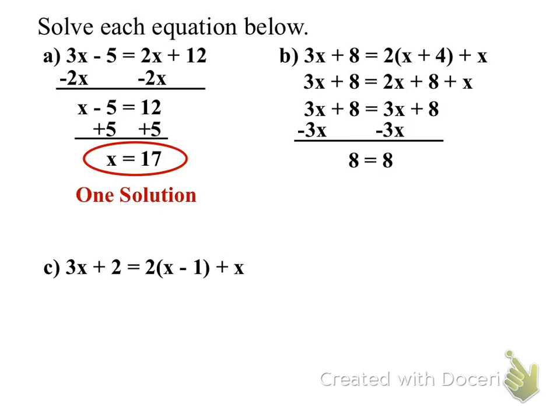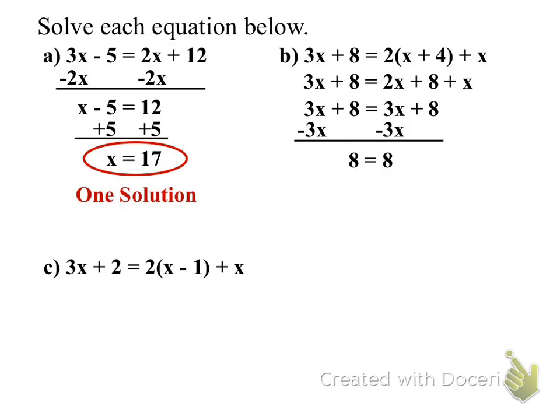Because if I use 2, 3 times 2 is 6, plus 8 equals 14. 2 times 2 plus 4 is 12. Wait, 2 times 3 is 6, yeah. 12 plus another 2 is 14. 14 equals 14. It doesn't matter what number.